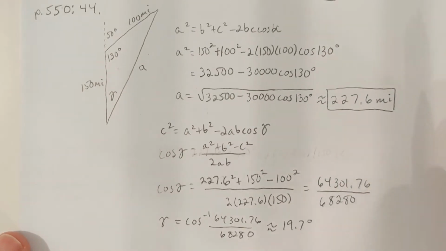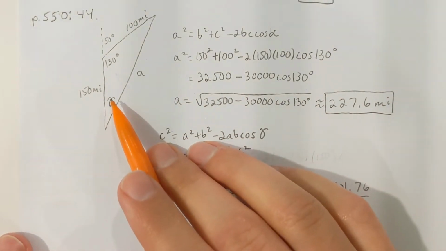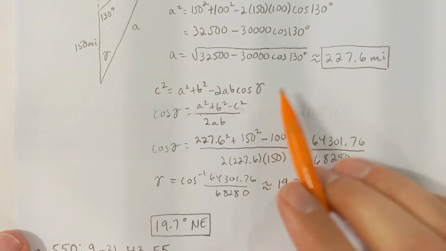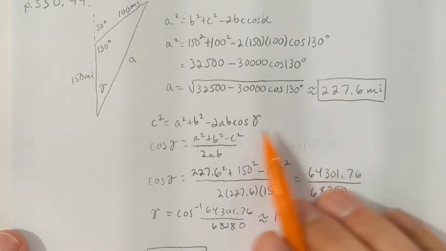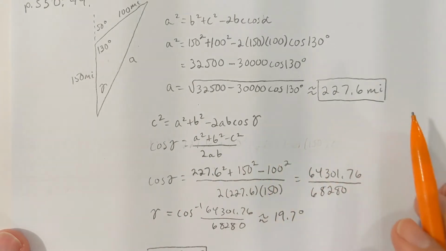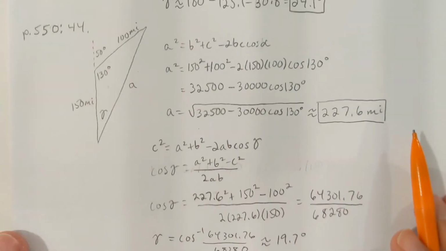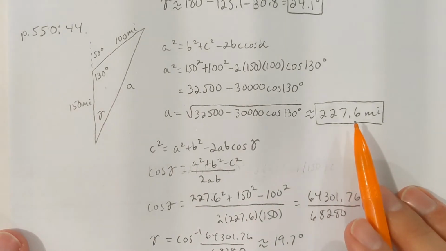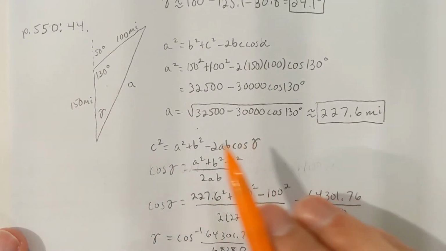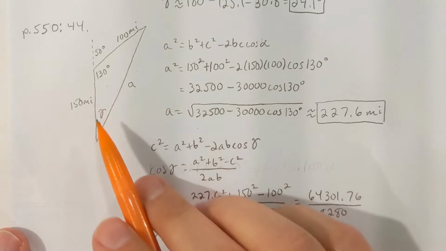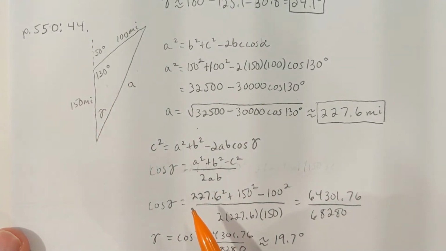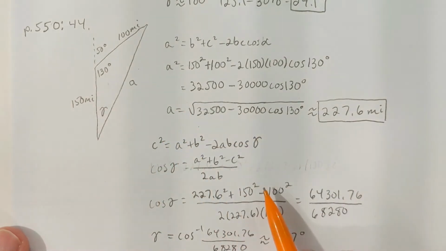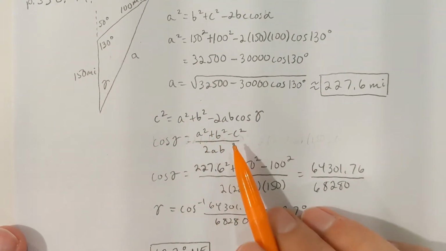I've labeled that angle gamma, and again I'm using the law of cosines. Here's my equation, and a, I've determined, is 227.6, b is 150, and c is 100.